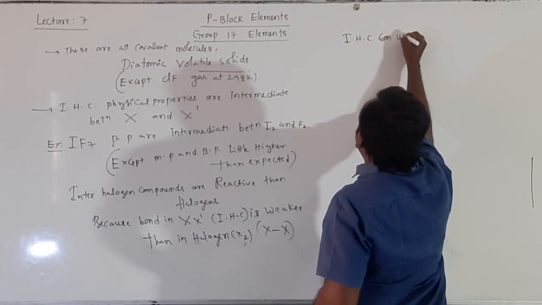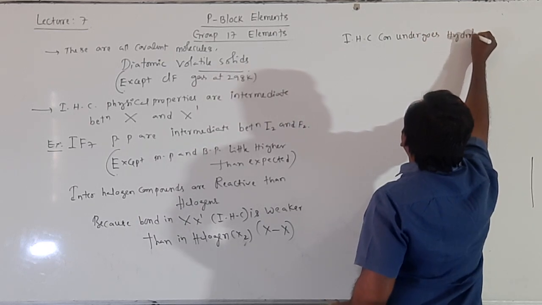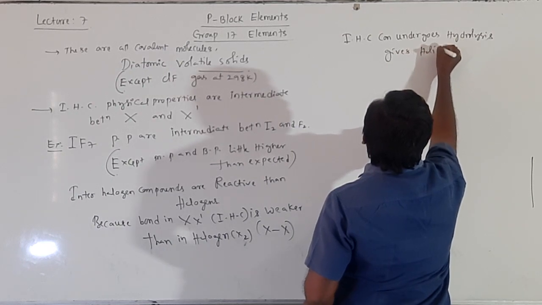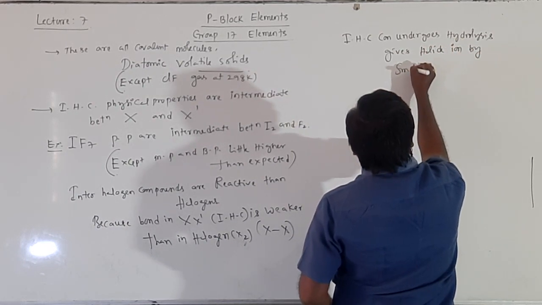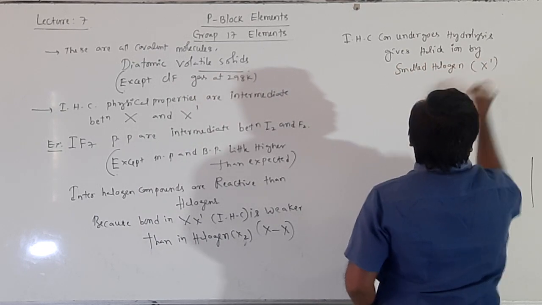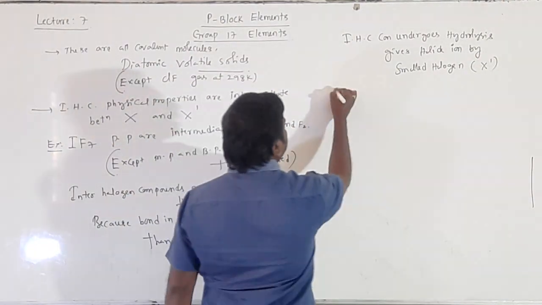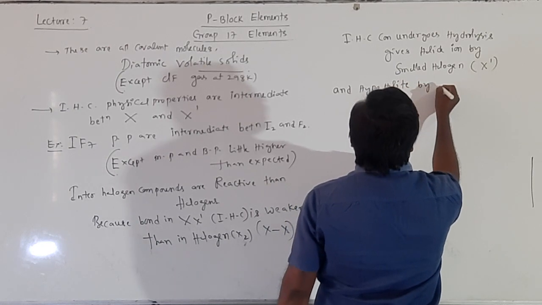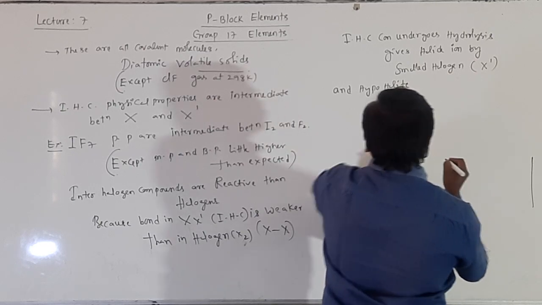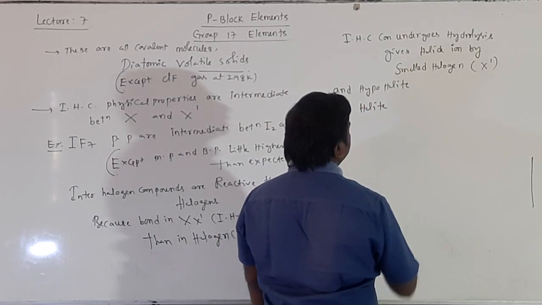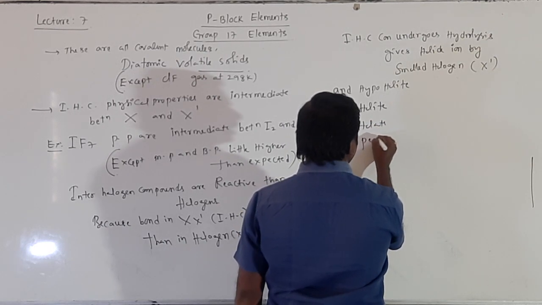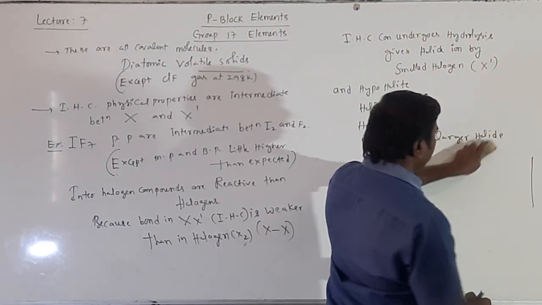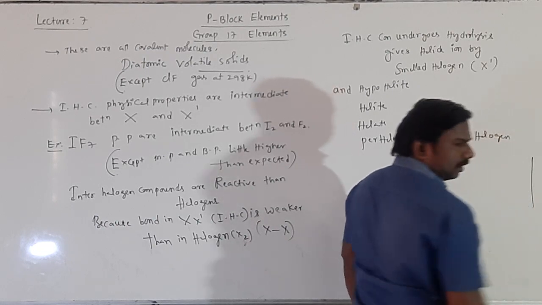Interhalogen compounds can undergo hydrolysis, giving a halide ion from the smaller halogen, that is X'. X' is removed as a halide ion, and halite, halate and perhalate from the larger halogen, that is X.